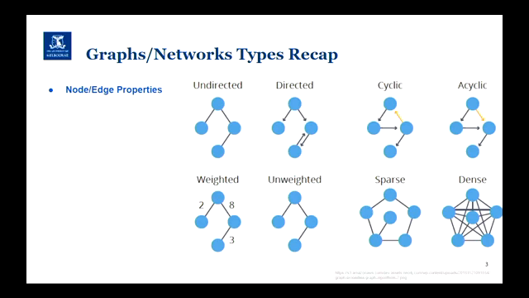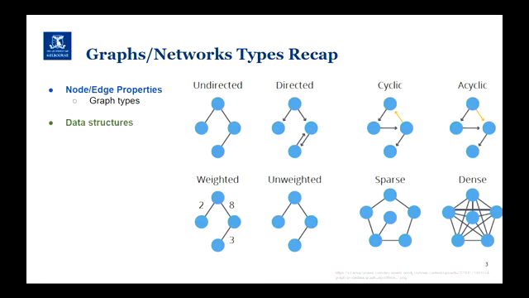An important undirected acyclic graph is trees. We can have weights on edges, for instance, trying to model the strength of the relationship. So we would have weighted graphs or unweighted graphs. And depending on the number of edges, we can have either sparse or dense graphs. And this goes on and on. So there are different graph types.